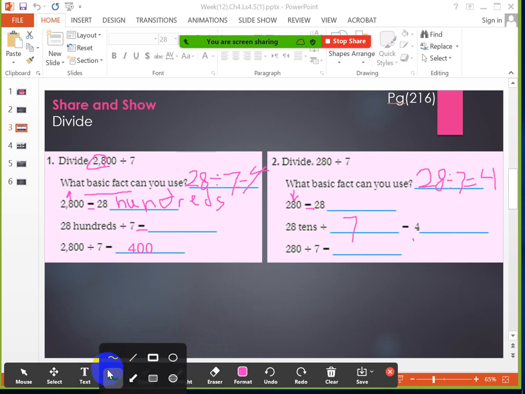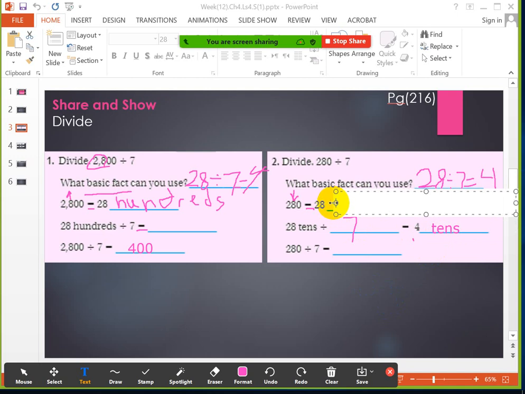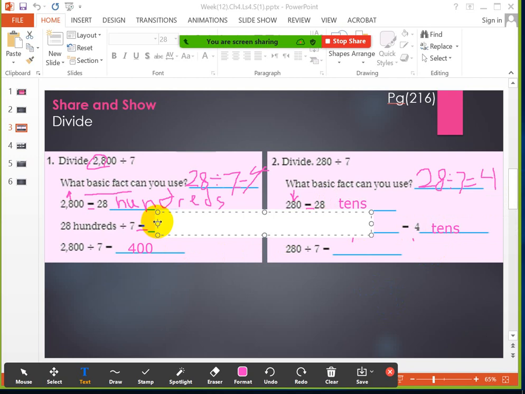So the answer will be what? The answer will be 4 tenths. Sorry, 4 tenths, I'm sorry, because I am dividing a tenths number. So the answer for the division will also be tenths. Okay?